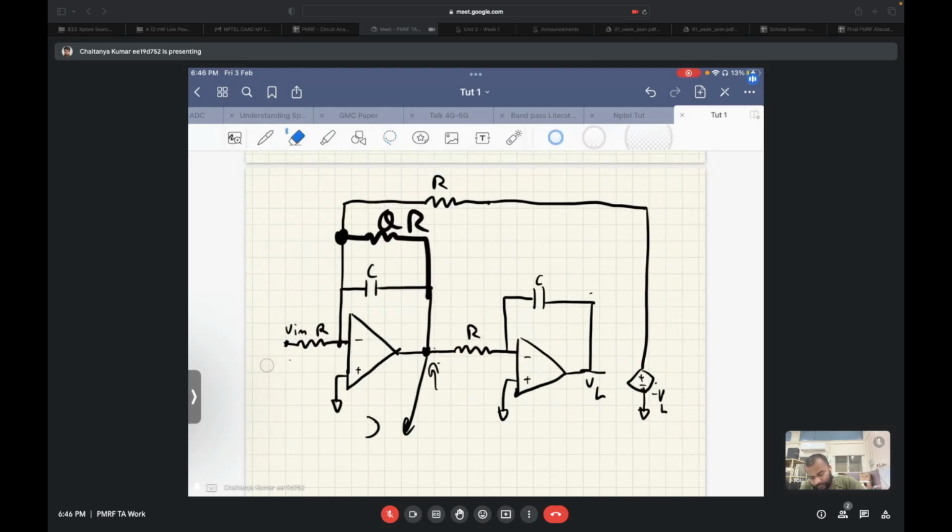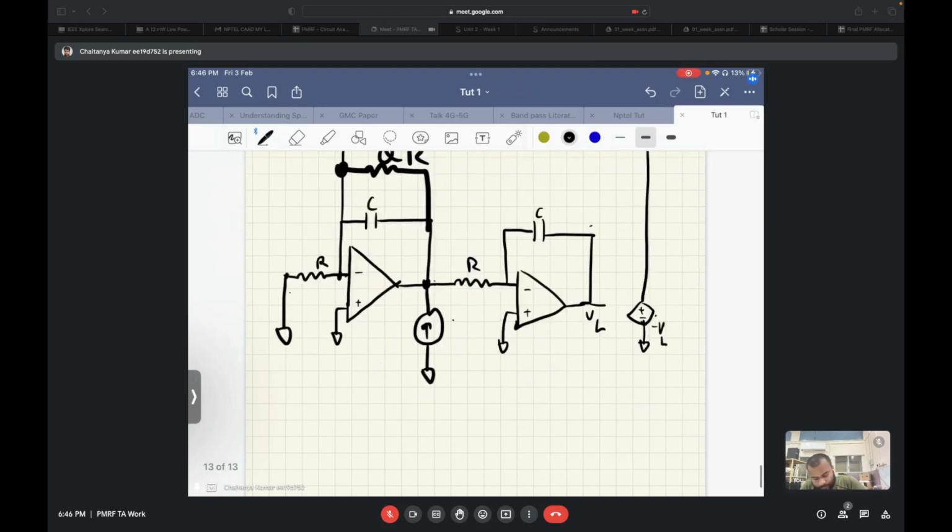So this node will be de-energized. This is the node where we will inject the current. Let's mark it and draw it in some different color.